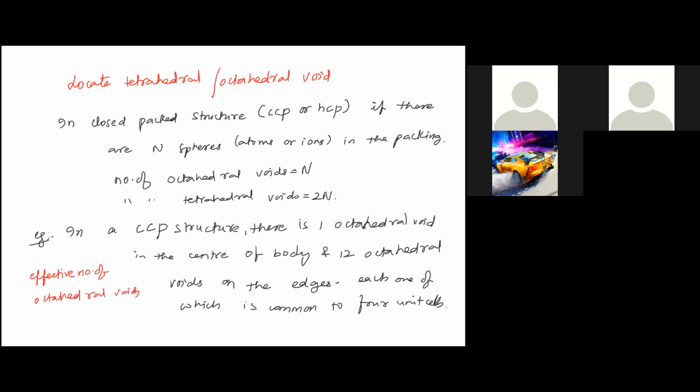It will be what? Because 12 are there, each one is contributing to 4. You have 3. Also, you have one octahedral void in the body at the center. That is 1. So you have 3 plus 1, 4 voids. There are 4 octahedral voids.